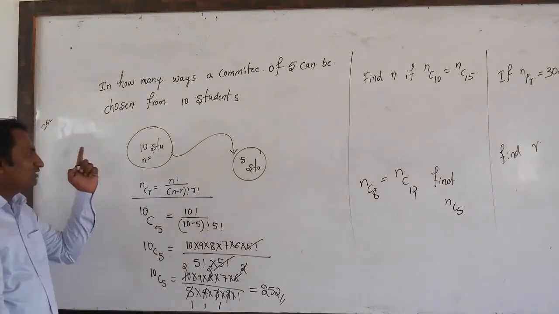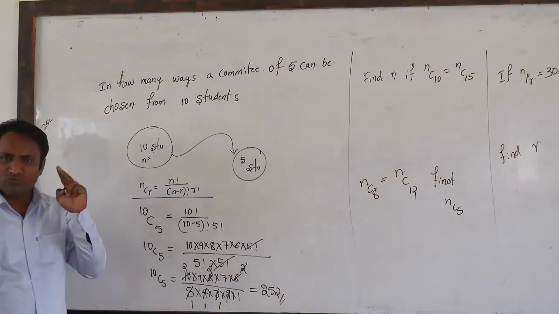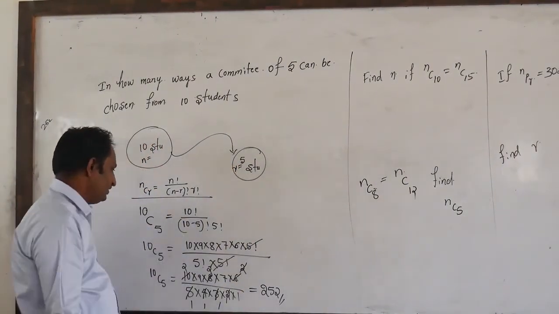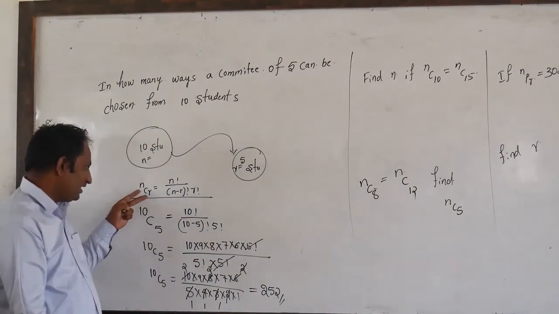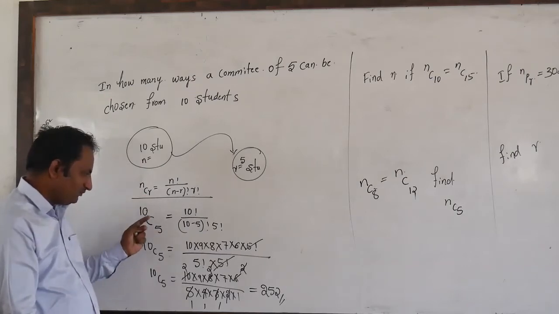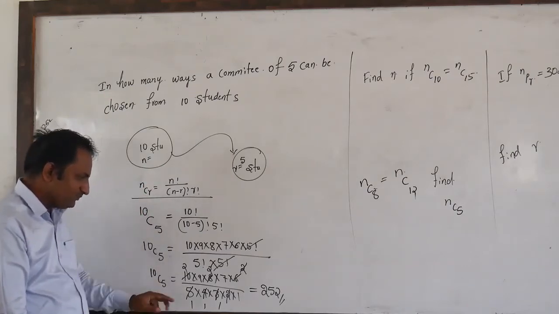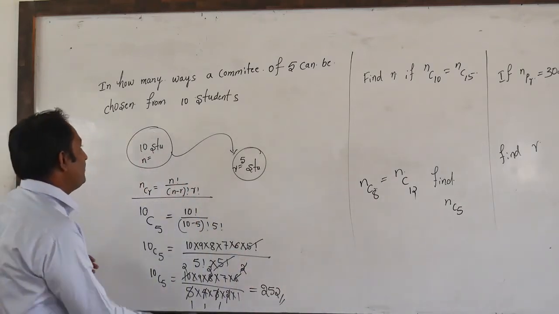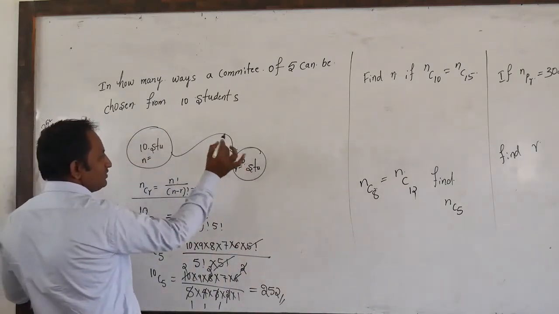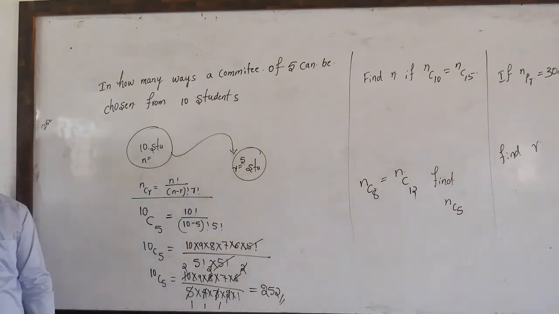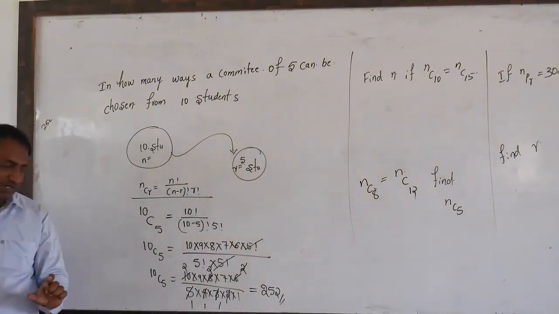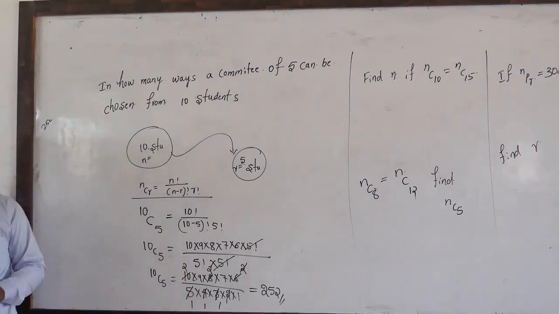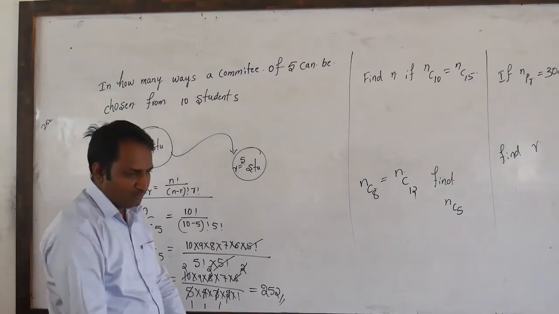Out of 10 students we choose only 5, so the r value is 5. Substituting the n and r values, 10 and 5, and simplifying, we get 252 ways. So 5 students can be chosen from 10 students in 252 ways. This is one type of problem.